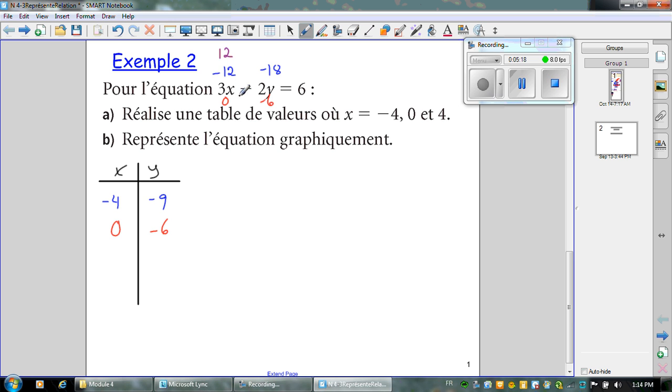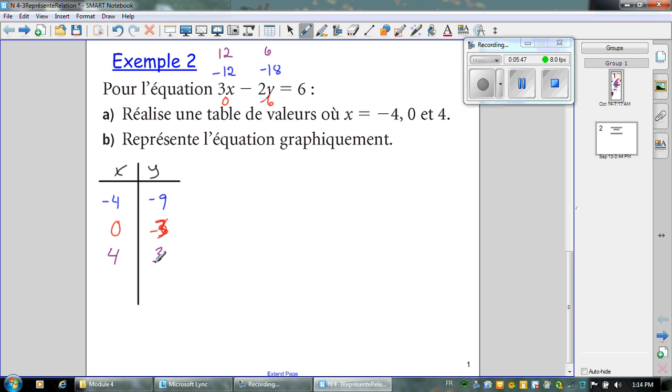So 12 minus what number gives me 6? 6. So 2 times what gives me 6? It would be 3. Oh, I'm sorry, I made a mistake. It would be negative 3 here, because I forgot it's 2 times what number gives me negative 6. Otherwise, it wouldn't be linear, because it has to follow the same pattern here. So our jumps here are 6, 6.